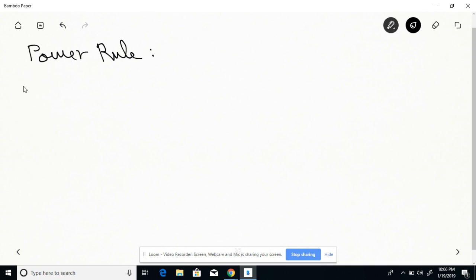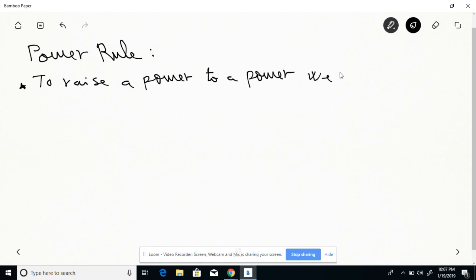So this one says to raise a power to a power, we multiply the exponents.